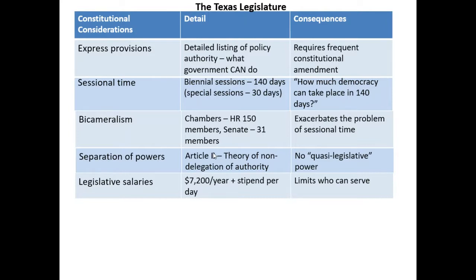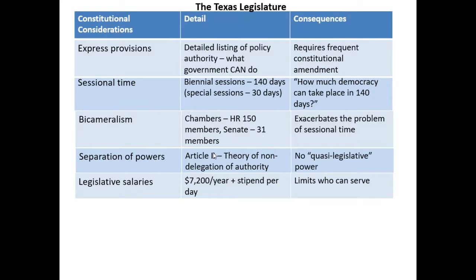Well, when I've asked that question of classes in the past, they will say something like, $100,000. But they're probably thinking about members of Congress. I don't even know what the salary is for a member of Congress now, but it's probably at least $100,000 a year. Okay? But in Texas, the annual salary for members of the legislature is $7,200.